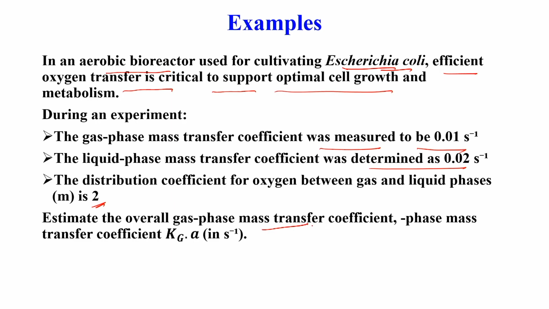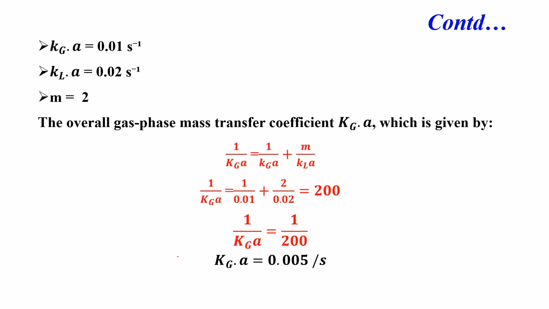Estimate the overall gas phase mass transfer coefficient KGA. So, what is KGA? 1 upon KGA is 1 upon small kGa, which is 0.01, plus m upon kLa, where m is 2 and kLa is 0.2. If you put in these values directly, we get KGA as 0.005 second inverse.